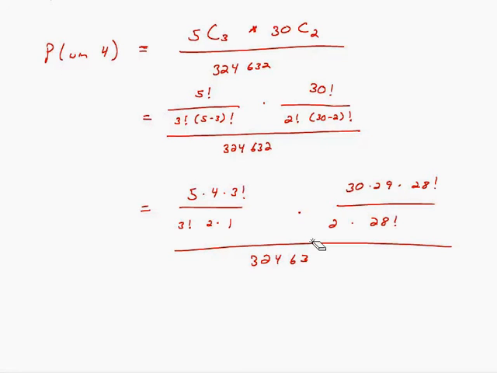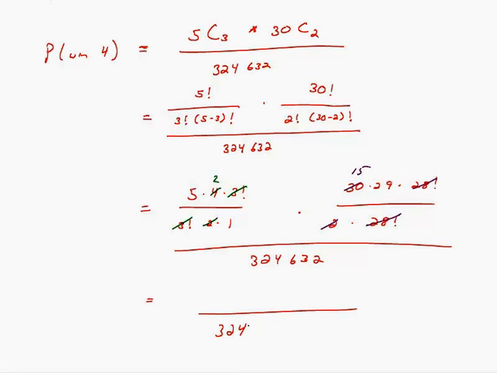I realize I wrote a 6 there. So simplifying, I'm just going to go through this quickly. The 3 factorials cancel, the 2 cancels, that gives me 2 here. The 28 factorials cancel, and 2 goes into 30 15 times. That leaves me in my numerator 5 times 2 times 15 times 29.